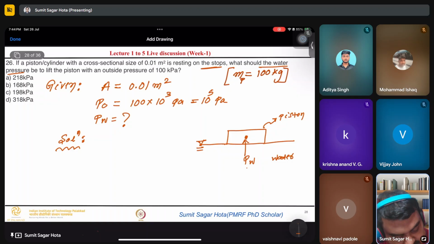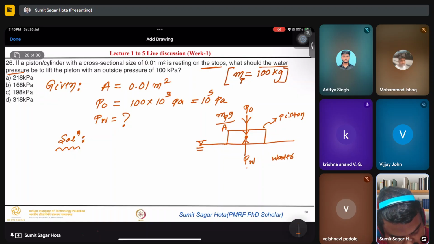And there are two forces applied here. First, the P naught is also going to apply, and one more, there will be the weight of the piston, which will be mg by the area of the piston. So let's balance the forces.